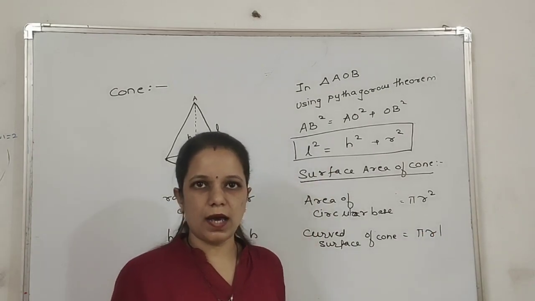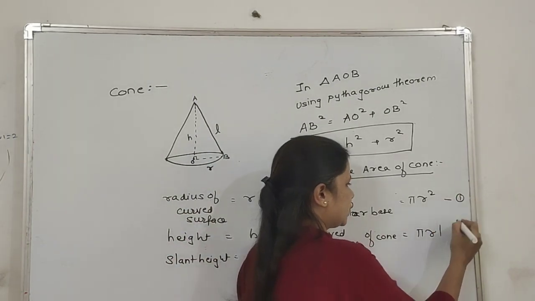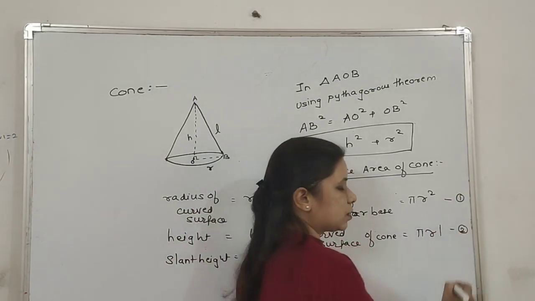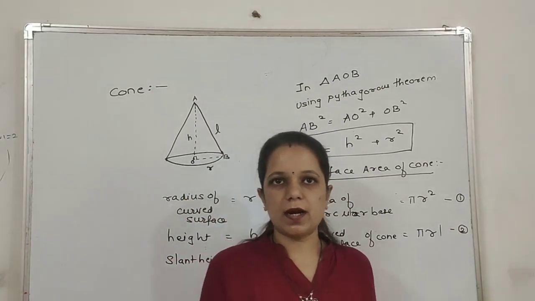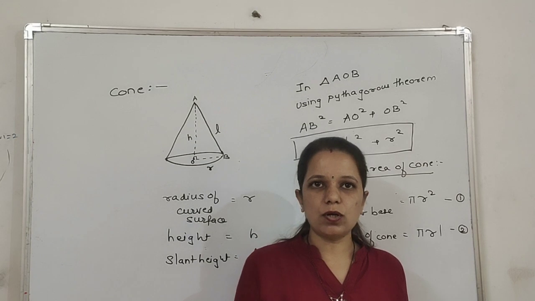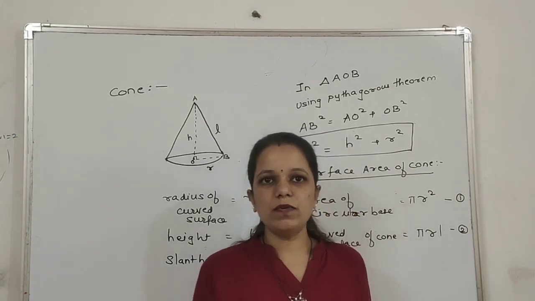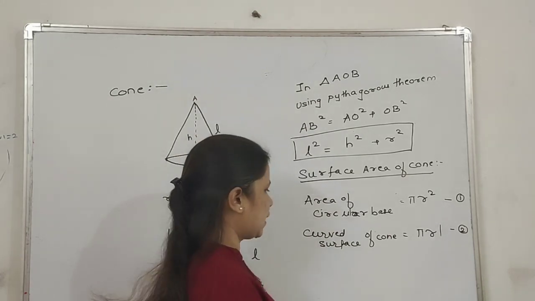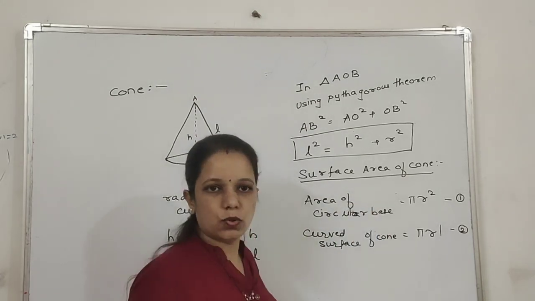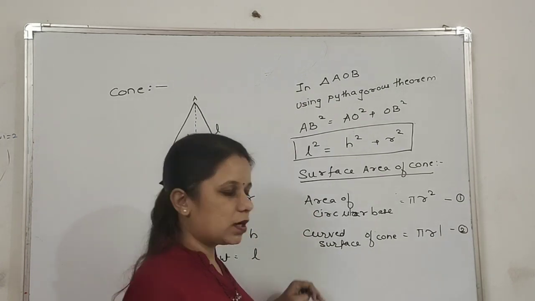Okay. So now I will say this is equation 1 and this is equation 2. When we combine both the equations, we will get the total surface area of the cone. So how will we calculate the total surface area? We will have to add. Total means area of circular base plus area of curved surface.